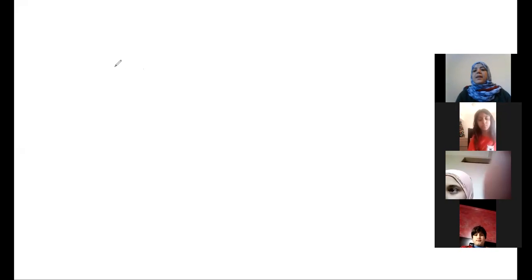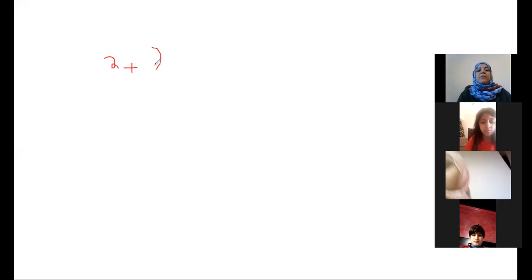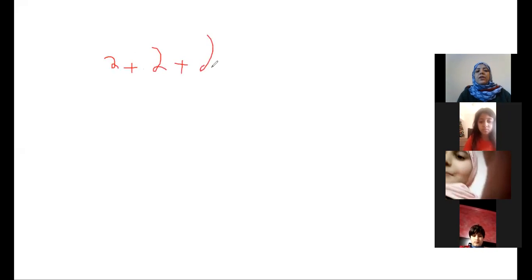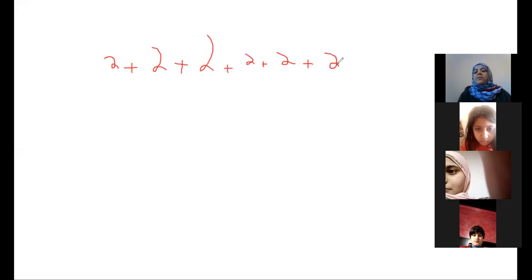Multiplication is when you multiply. You just add a number, the number that is written. Exactly. So actually multiplication is the repetition of addition. So instead of having 2 plus 2 plus 2 plus 2 plus 2 plus 2, how can I replace this statement? This is an addition, right?